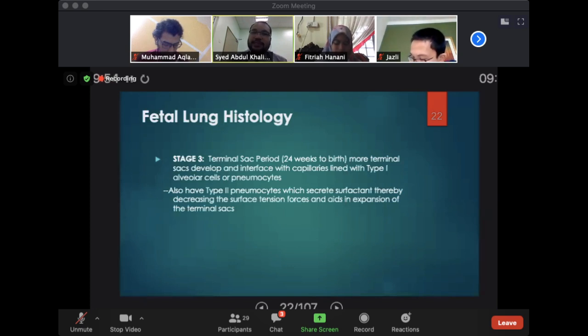We resuscitate babies more than 25 weeks and 500 grams. So our cutoff point is 25 weeks and 500 grams. Babies less than 500 grams, we do not resuscitate. We allow for comfort care. So the baby will die, but the baby will die with comfort.